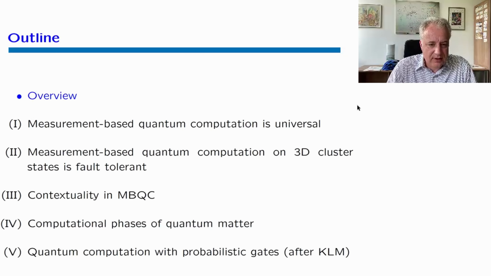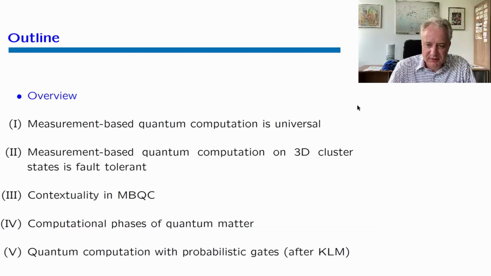Then fourth, computational phases of quantum matter. This is concerned with the question: besides the cluster state, what resource states exist that enable universal quantum computation, or quantum computation of some power? Then there's a fifth part, although we will discuss that separately, and this is quantum computation with probabilistic heralded gates.